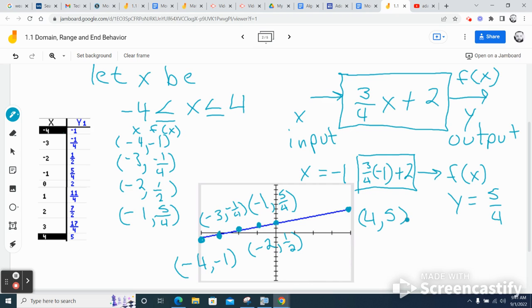So the first question was the graph. We figured out how to get the graph on there, right? What was the second question? You guys remember? I've been talking a lot. We have to finish the graph. What was the second part of the question? You guys remember? What's the range?